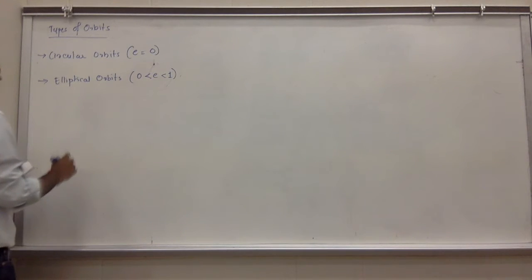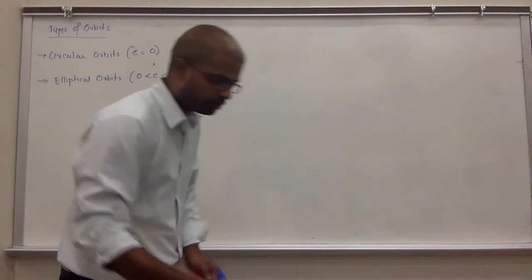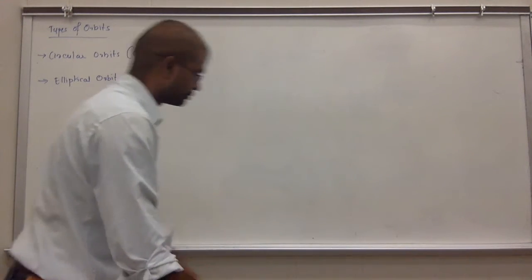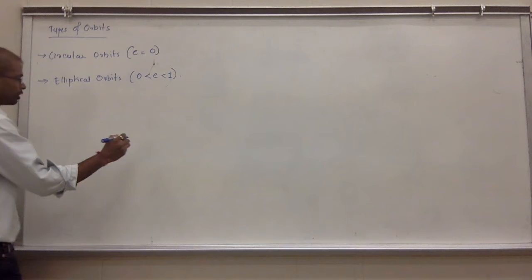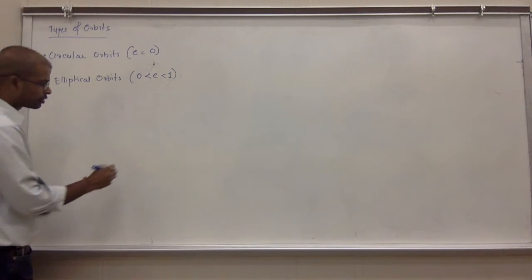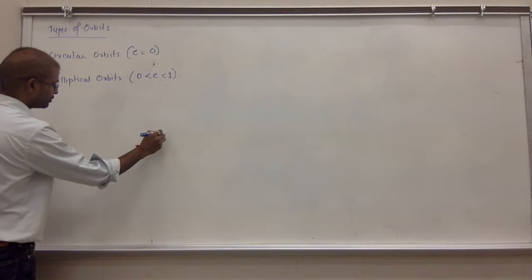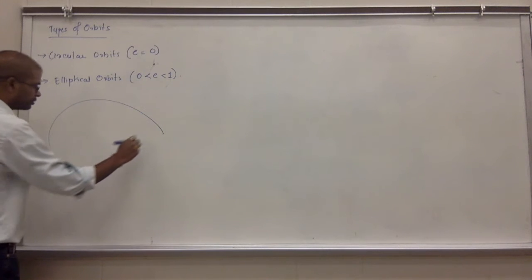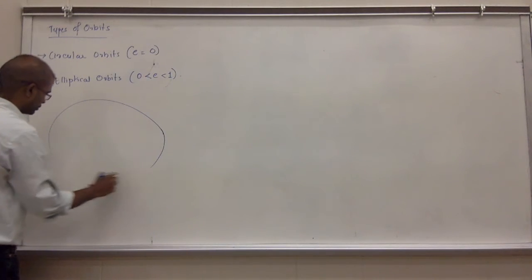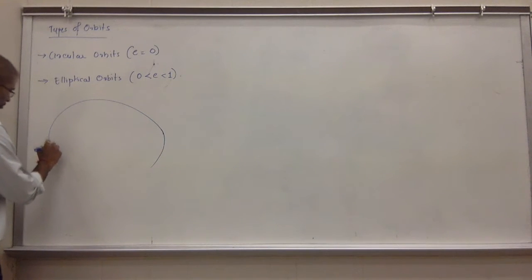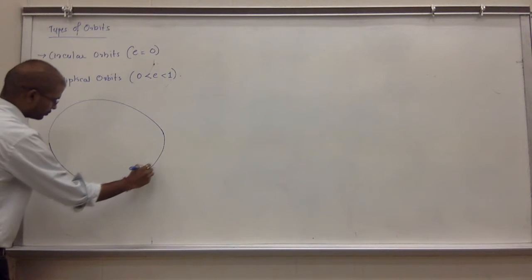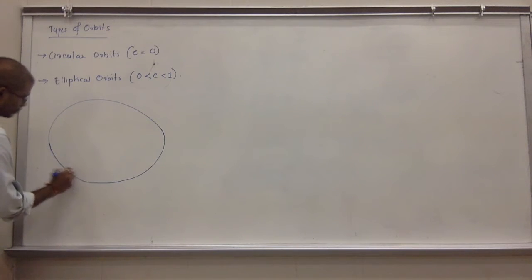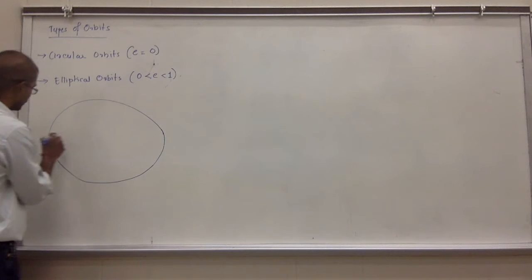Whenever I draw this, we are going to discuss elliptical orbits quite a bit because those are the most common types of orbits. So this ellipse should make sense to you.